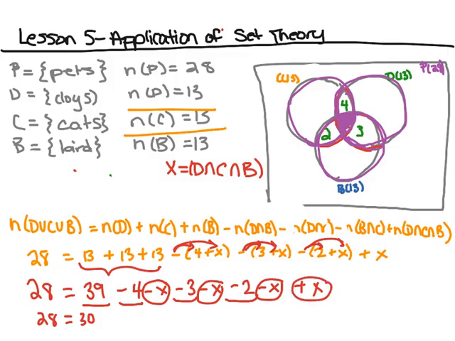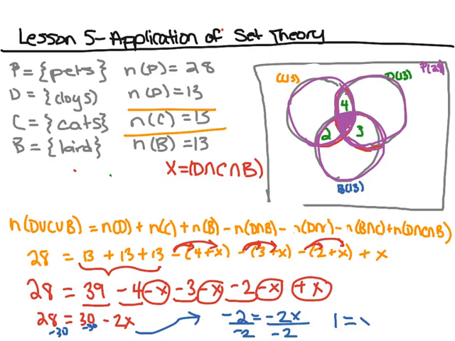So we have minus 2x. Now we're going to solve for x. So we're going to subtract 30 from both sides. So we have negative 2 is equal to negative 2x, and divide by negative 2 to get 1 to equal x. So one lucky kid has a bird, a cat, and a dog, because one pet wasn't enough.